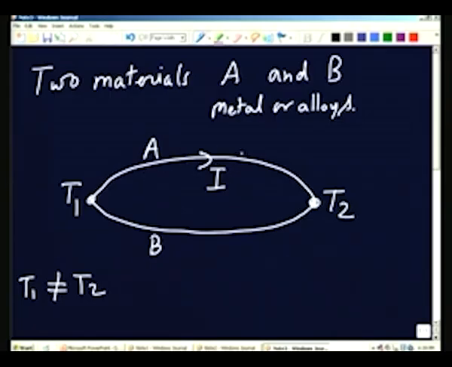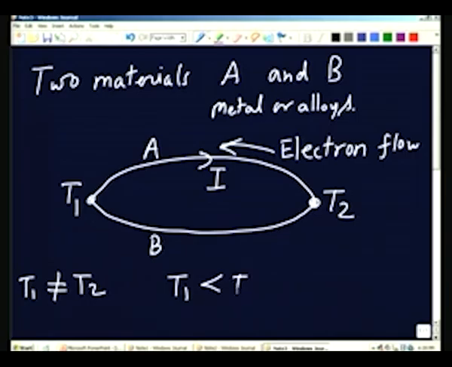Here actually the electrons are moving in the opposite direction. This is the flow of electrons. Conventionally the current direction and the electron flow direction are opposite each other. Suppose the temperature T1 is less than T2. The electrons are moving here like this, and in this case they will be moving in the opposite direction.